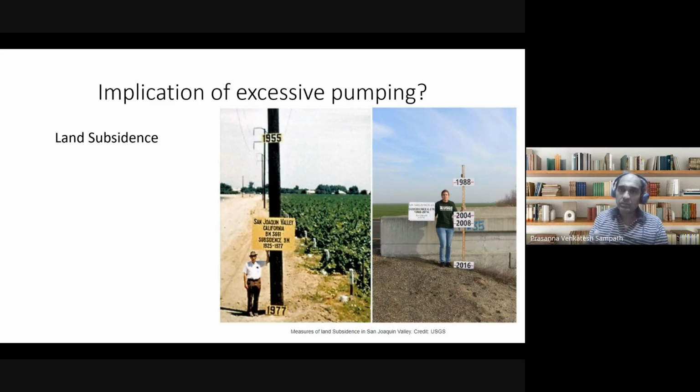The extreme example, of course, is the San Joaquin Valley in central California, where extensive cultivation dependent on groundwater has happened over decades, and as a result, as you can see, you have land subsidence to the extent of tens of meters, or close to 10 meters or so. Massive subsidence. Okay, so I hope this phenomenon is clear.